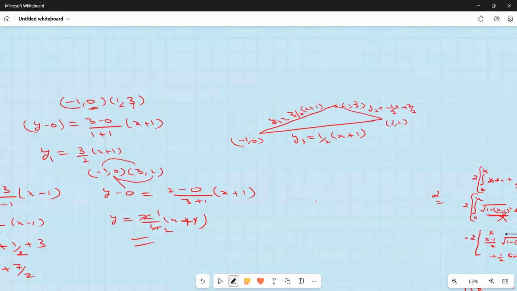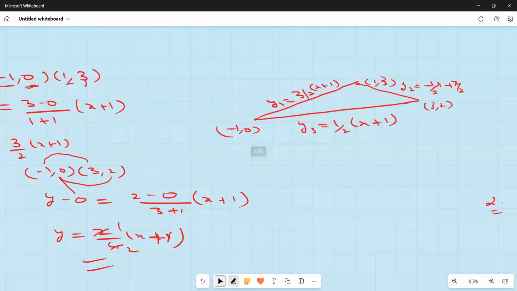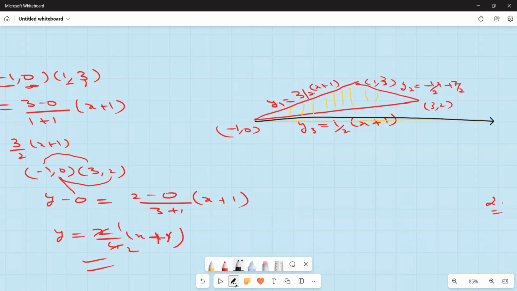So now if you just draw the coordinate system over here, this is the area inside that we need to find out, right? And this line is the x-axis.